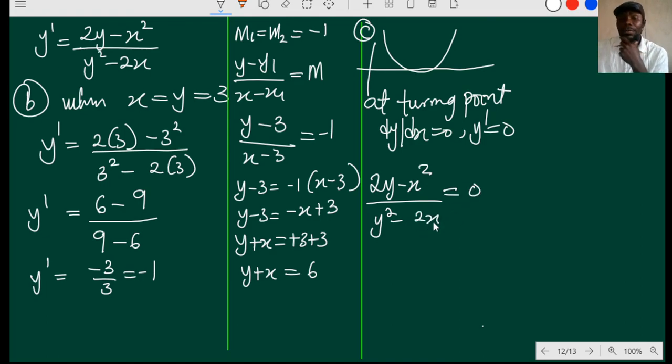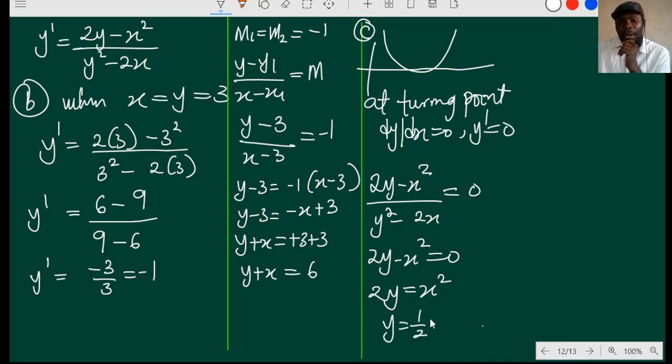By the time we cross multiply, we have 2y minus x squared is equal to 0, so 2y is equal to x squared. Now make y the subject of the formula. Our y is now equal to half of x squared.